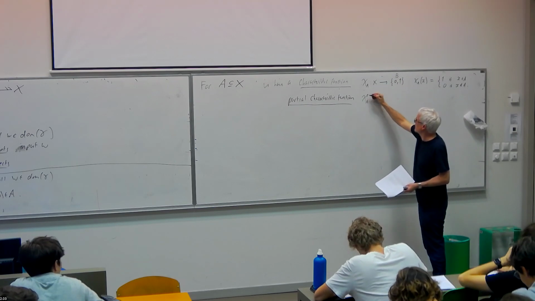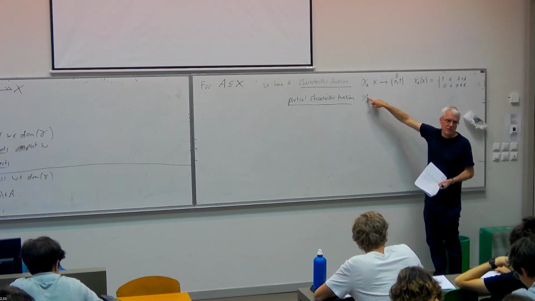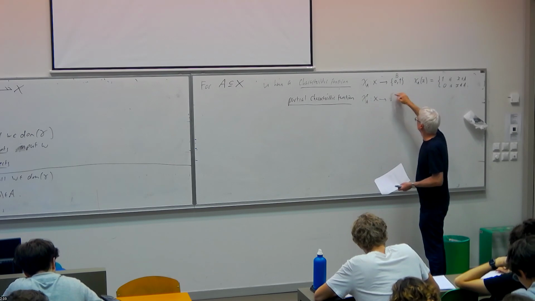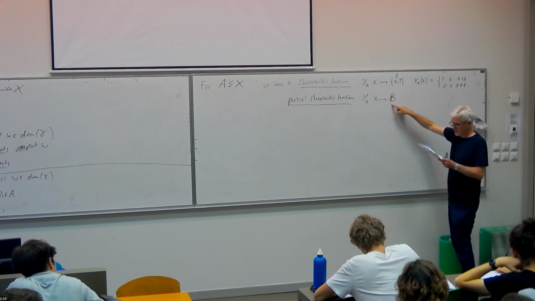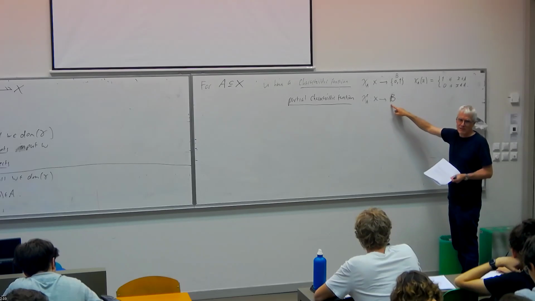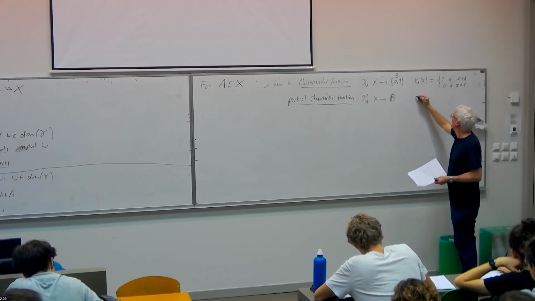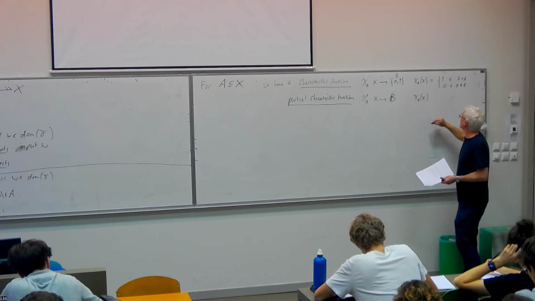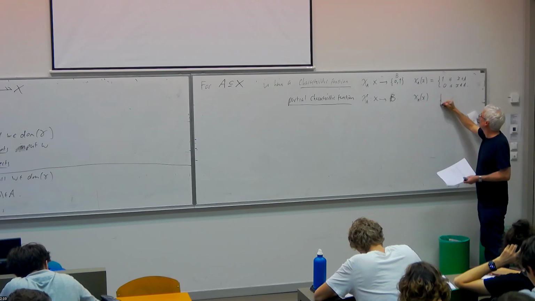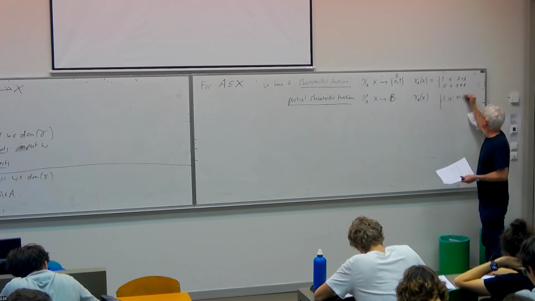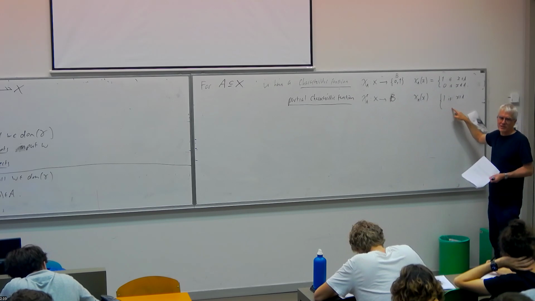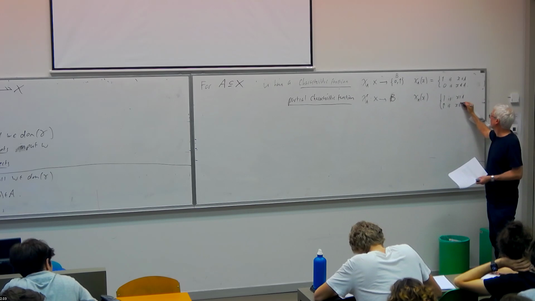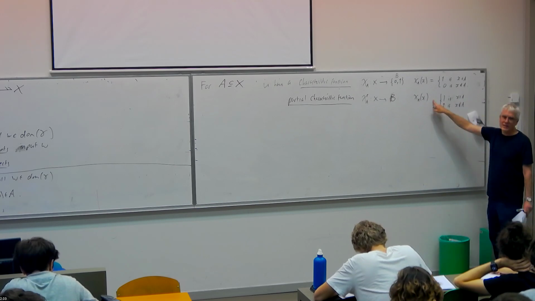So for the partial characteristic function, I'm going to put a P in the superscript position here, and there's no particular reason to use B here because we're only going to need one value, but just to make things the same, I'm going to use B. So the partial characteristic function is defined to be 1 if x belongs to A, then instead of returning a value when x doesn't belong to A, it's undefined. So x does not belong to A. What do I need to put here?